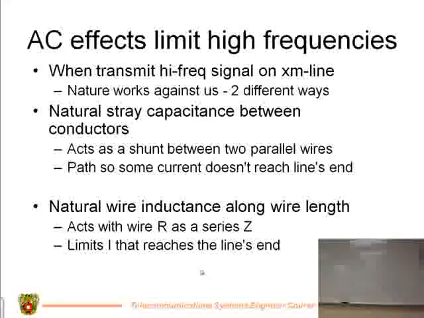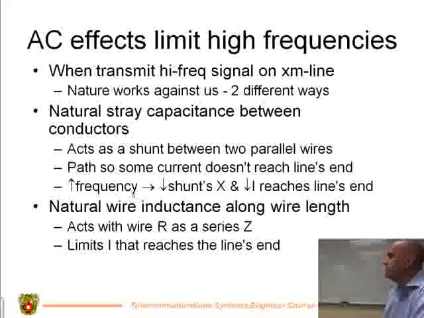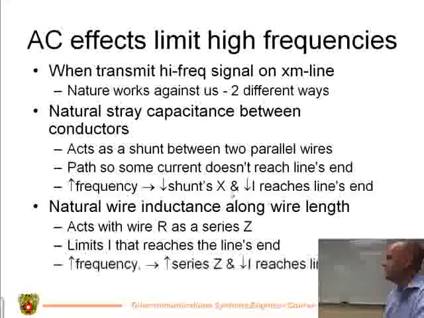So, higher frequency hoses us, longer length causes problems. Both of those. And also the resistance. As we expand this, you get more resistance. So, higher the frequency, the lower the reactance, lower the current reaches the line's end. Higher the frequency, higher the series impedance, and lower the current that reaches the line's end. So that hurts us both ways.